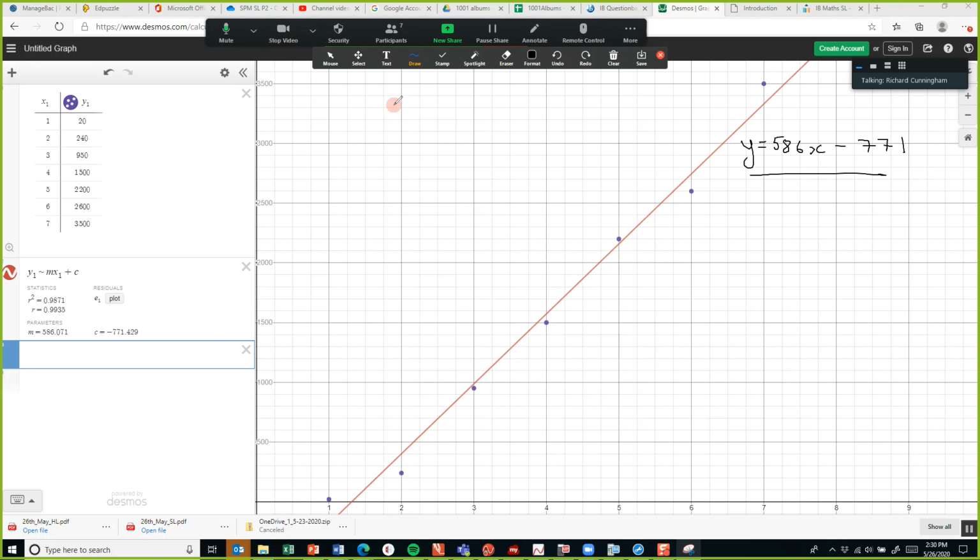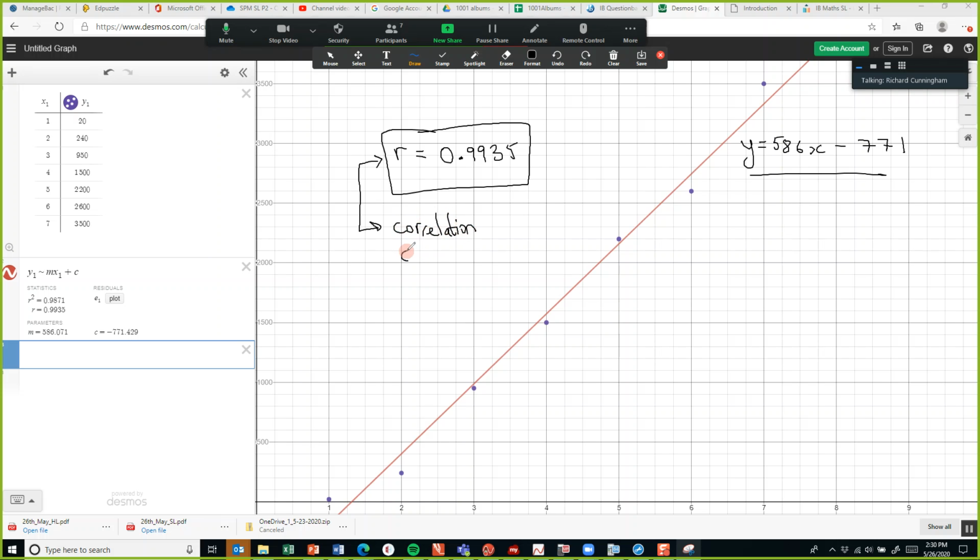And this r value is the important one. It says r is equal to 0.9935. And what is that very close to? 0.99. What is that very close to? What value? Yeah, 1.